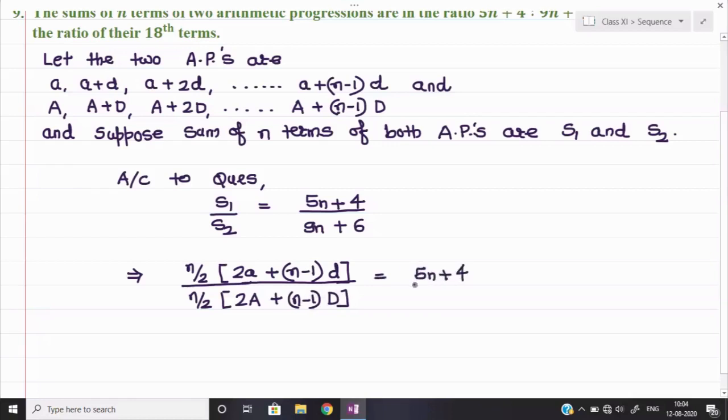The right hand side we need to keep as it is. There is no change we need to make here.